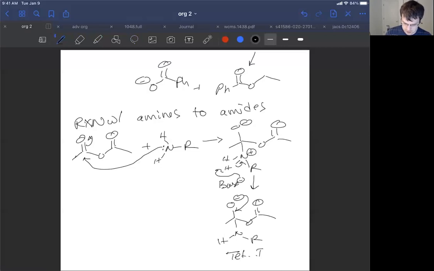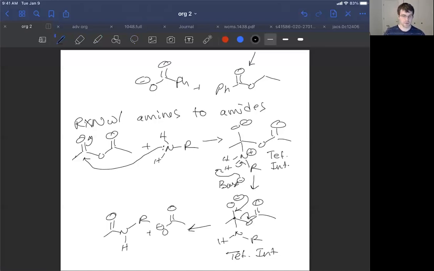So I'd call this the tetrahedral intermediate. Sorry, I did not finish my thought. But I could also call this the tetrahedral intermediate, just some intermediate along the way where this center is sp3 hybridized. But anyway, sorry. Negative charge comes down, remake the carbonyl, and then push off the stable negative charge leaving group, which is the anhydride.